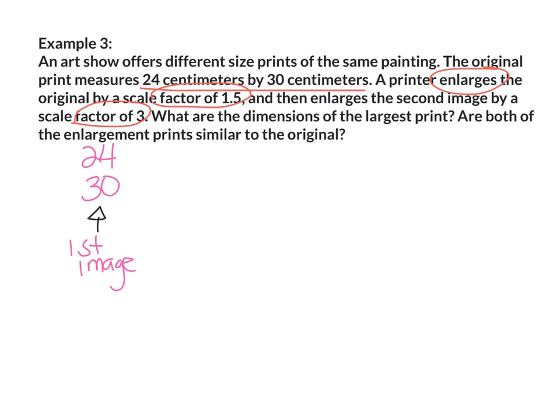And I'm going to multiply each of them by 1.5. So 24 times 1.5 will give me 36. Then 30 times 1.5 will give me 45. Now these are my dimensions for my second image.